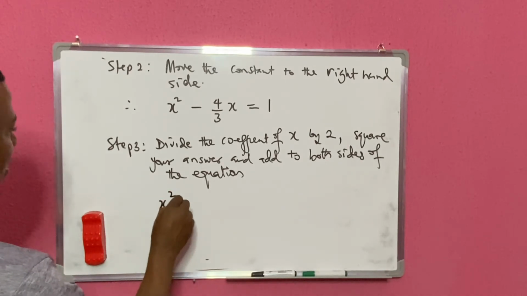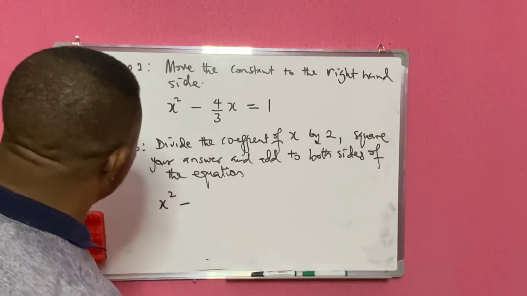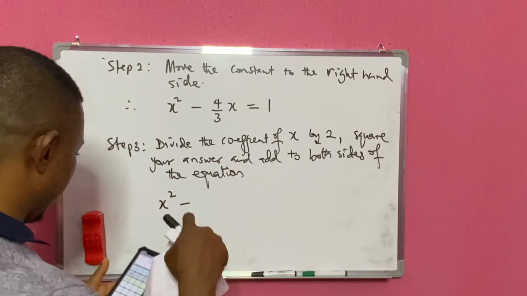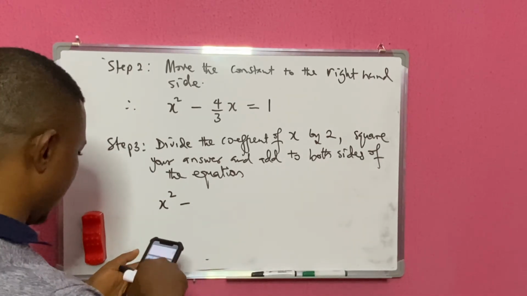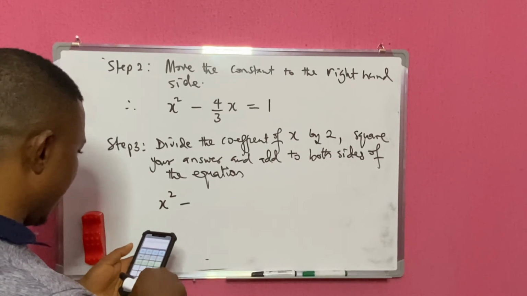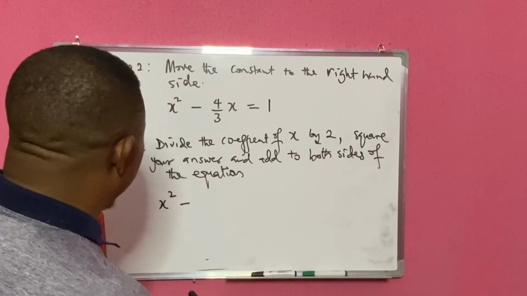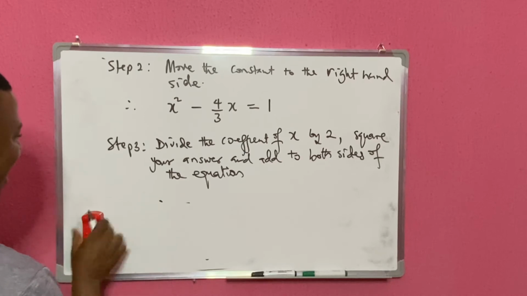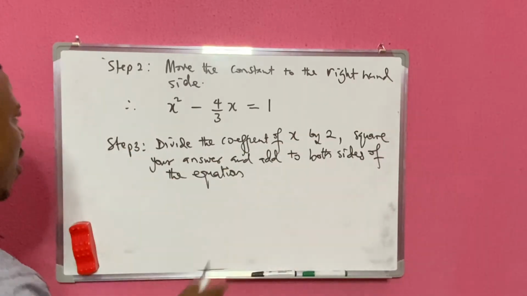Like you can say x squared minus, you press your calculator, 4 divided by 3, you have 1.333, but we will do that later to avoid filling here with decimals.